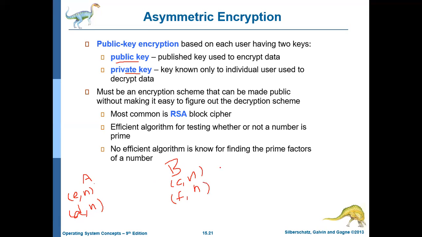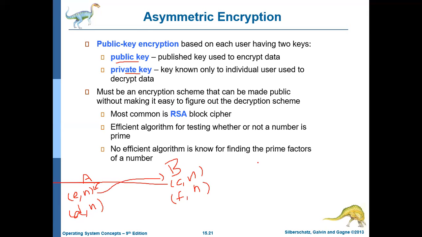Like that, there can be any number of users. All users will have their own public key and their own private key. Now everybody's public key will be known to everyone. So Alice will know Bob's public key, and Bob also will know Alice's public key.